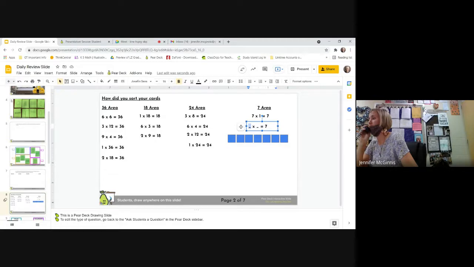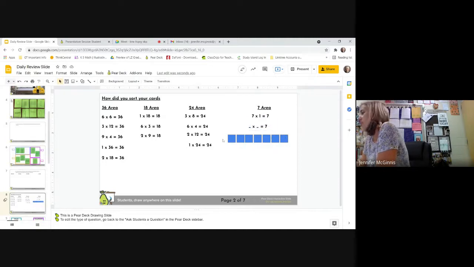Seven areas. Class? Yes. Who has an idea how you want to arrange these blocks? Alea. Okay, we could do that. So watch me.